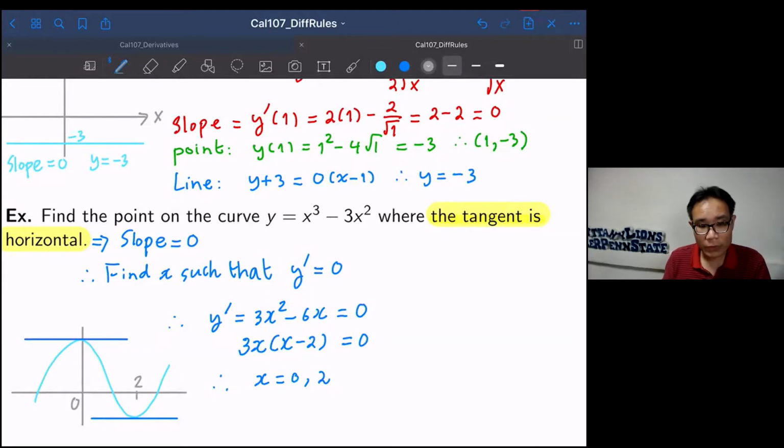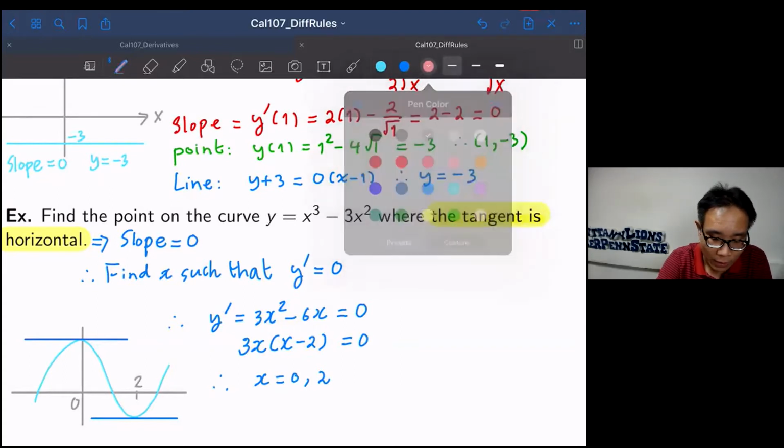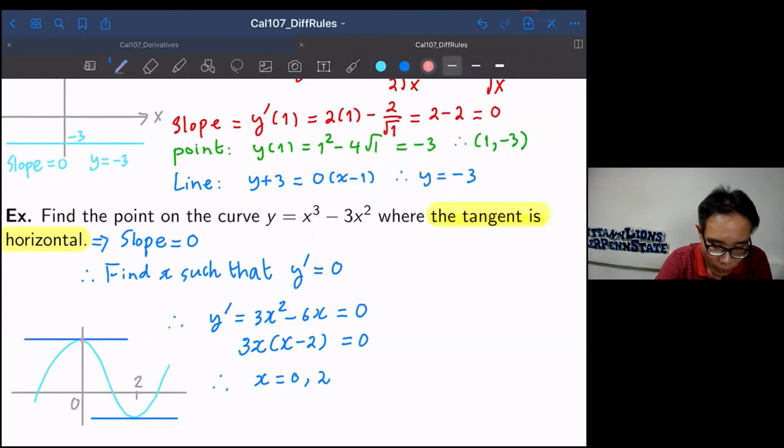So the graph looks like this. We're going to study local maximum and local minimum for this graph in the application of the derivative also. So this is what we call a horizontal tangent line.